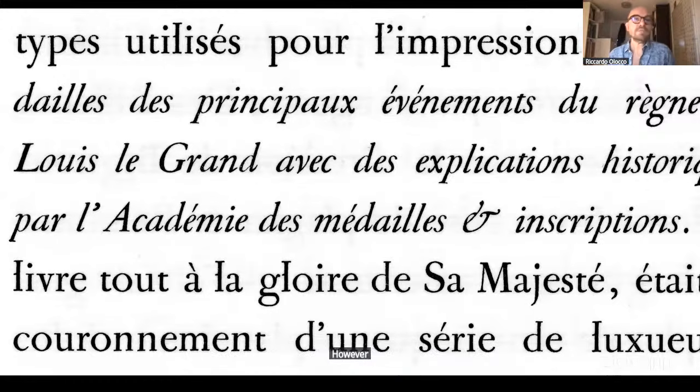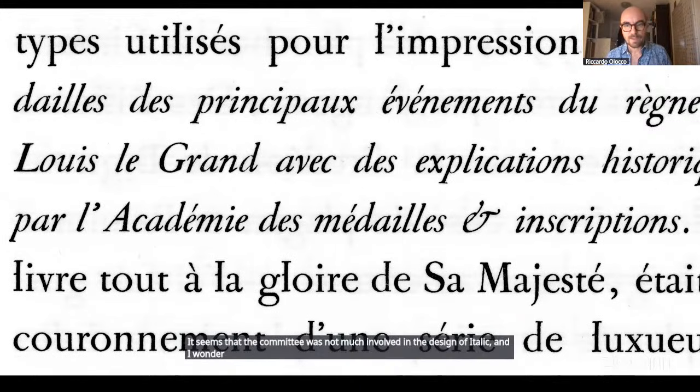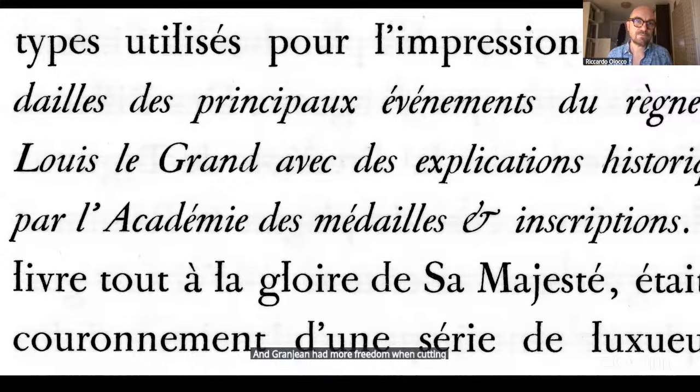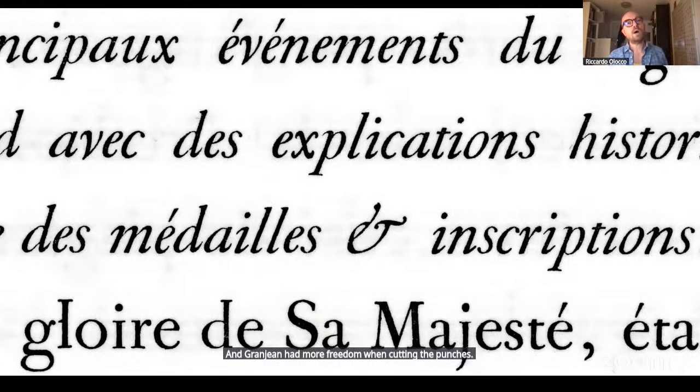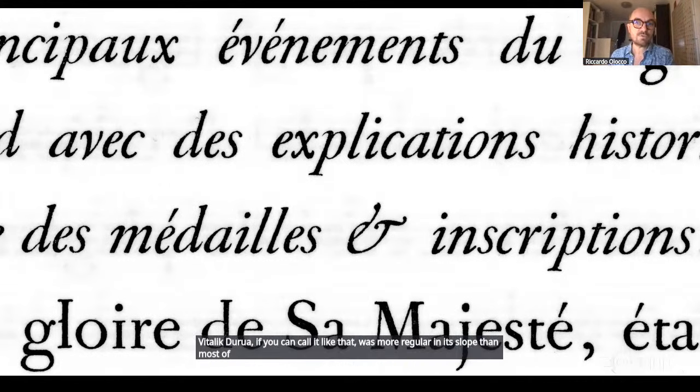However, Grandin supplied an Italic that had nothing to do with those plates. It was much more conservative in its style than the Roman. It seems that the committee was not much involved in the design of the Italic, and I wonder why, actually. And Grandin had more freedom when cutting the punches. The Italic du Roi, if we can call it that, was more regular in its slope than most of the Italics of the previous century.